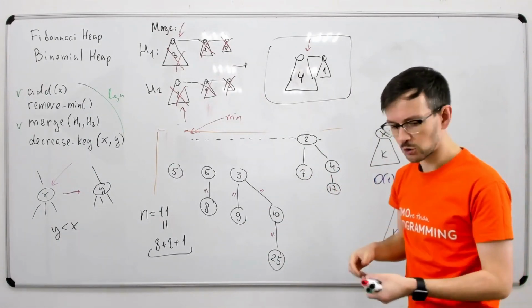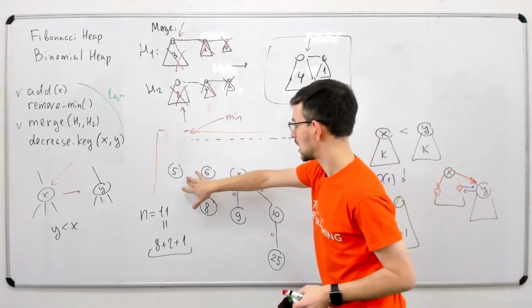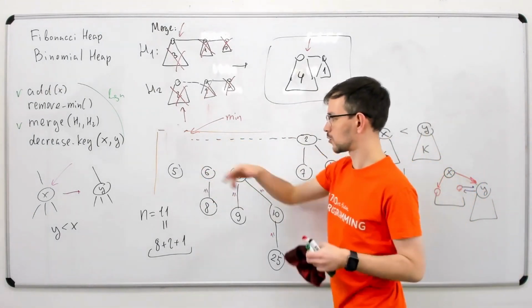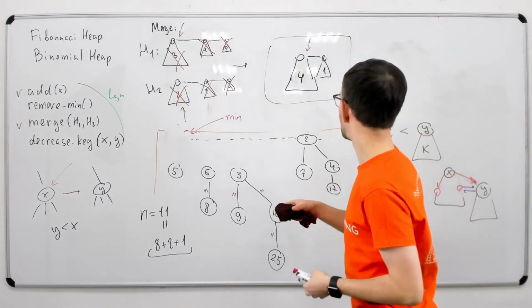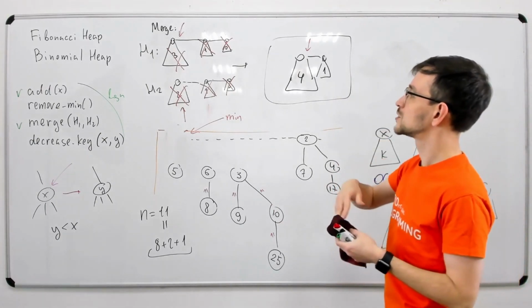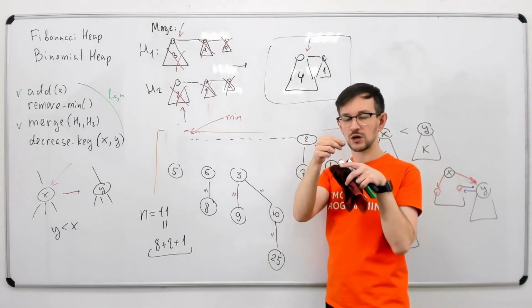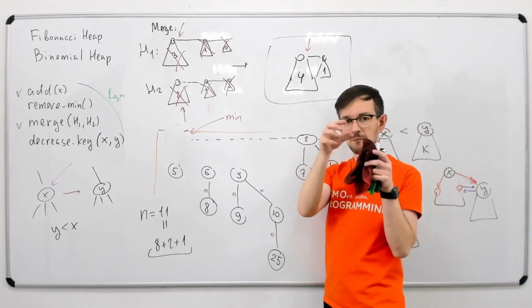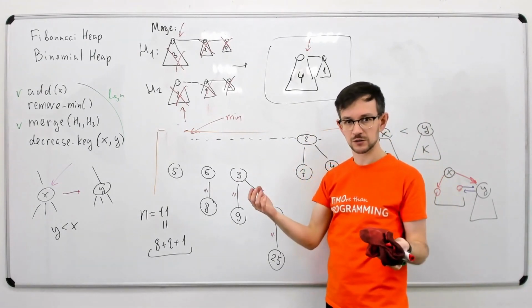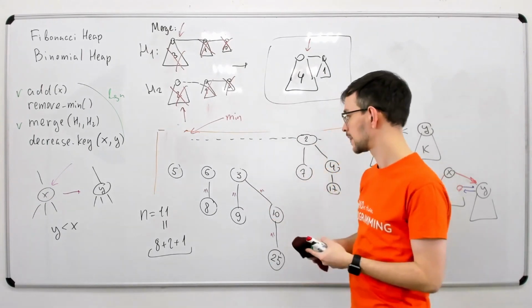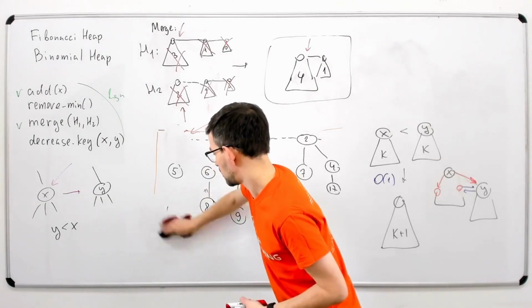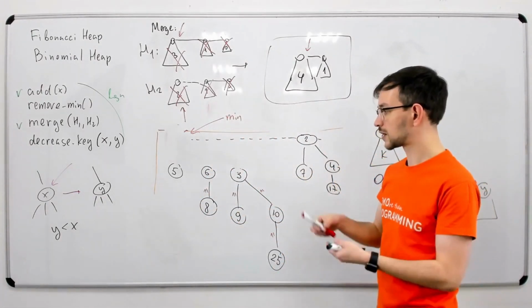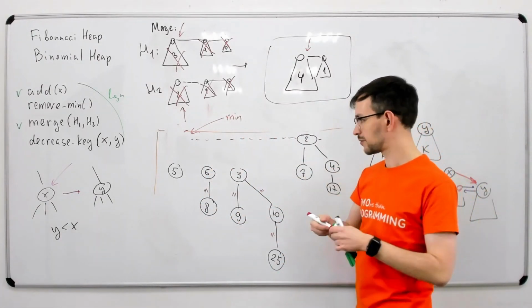It's quite easy. These children of the removed root are binomial trees of different ranks. All children of the root element are binomial trees of different ranks, just by definition of binomial trees. So we can combine them in one binomial heap.